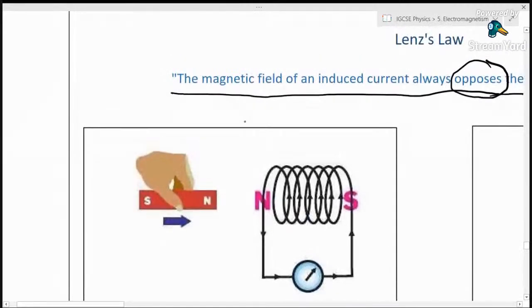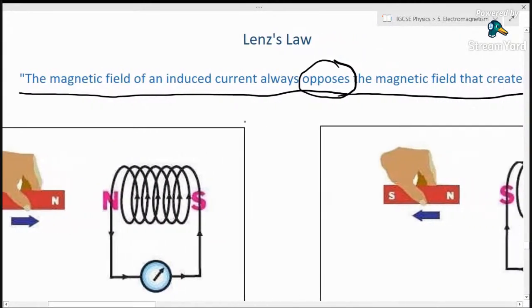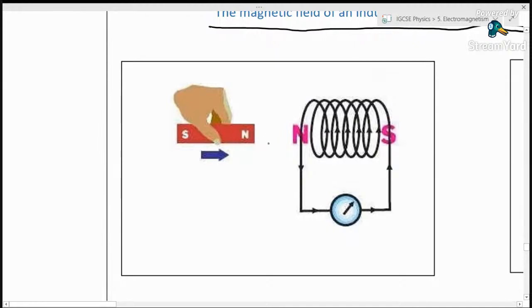So Lenz's law, again, states the magnetic field of an induced current always opposes the magnetic field that created it. In this case, the magnetic field that is creating the induced current is coming from here. Here's our magnet, and we can see this magnet is moving this way.